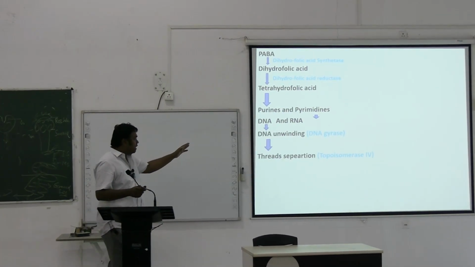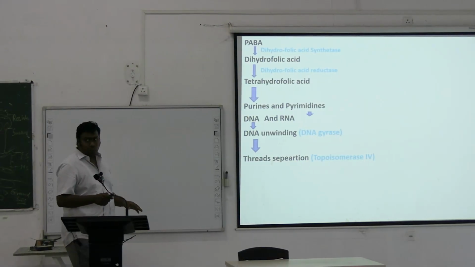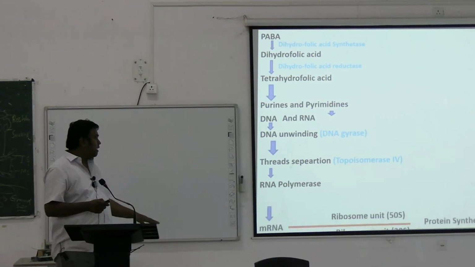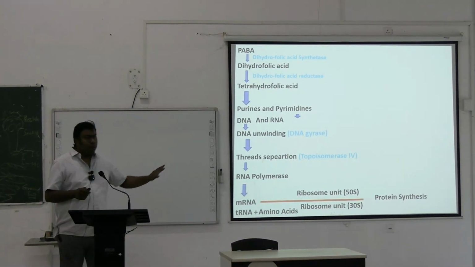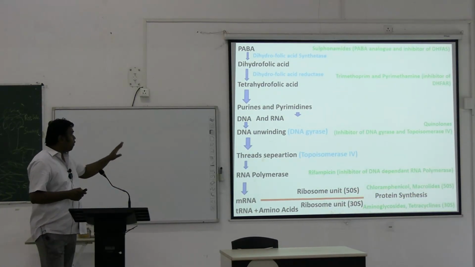Unwinding এর জন্য it requires DNA gyrase, head separation, topoisomerase 4, then RNA polymerase, and from the mRNA through ribosome 50-30 protein synthesis.